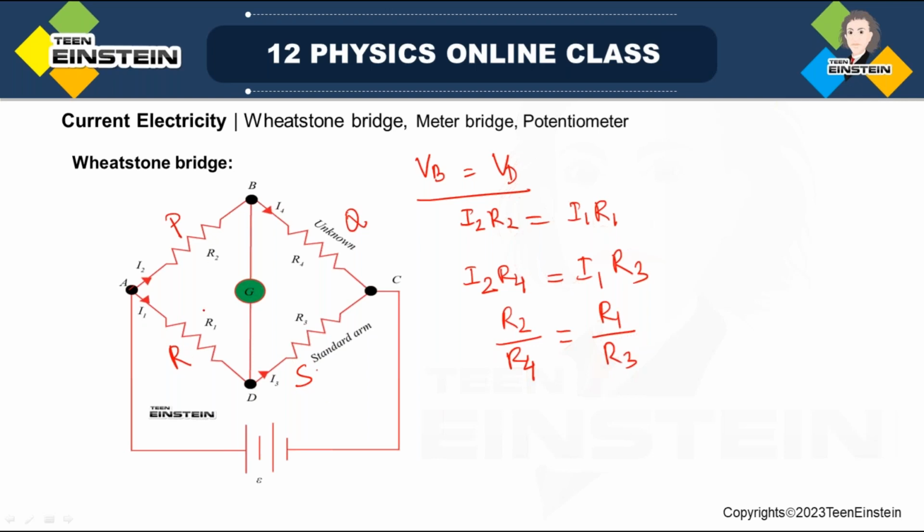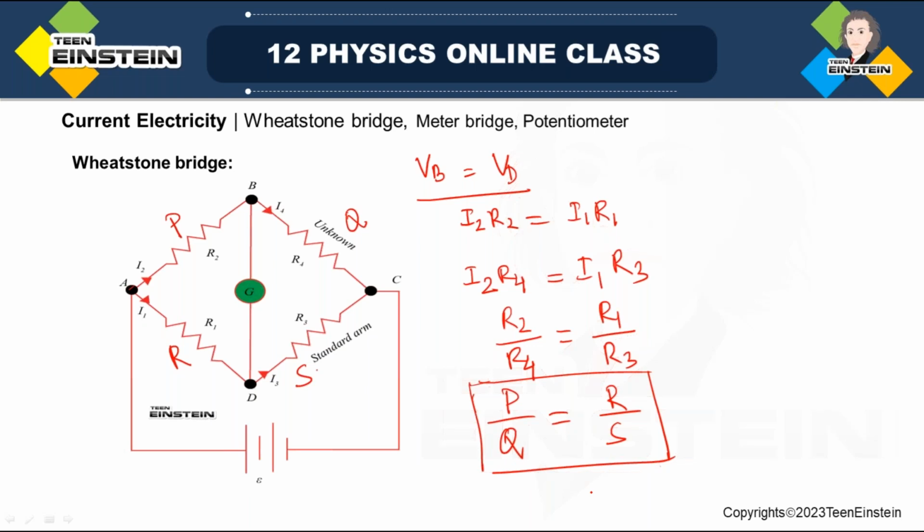P and R are also known. S may be a resistance box, and Q is the unknown resistance that I have to find out. I have got R2 by R4, that means P by Q, equal to R1 by R3, that means R by S. So this is the very standard form of the balance condition.